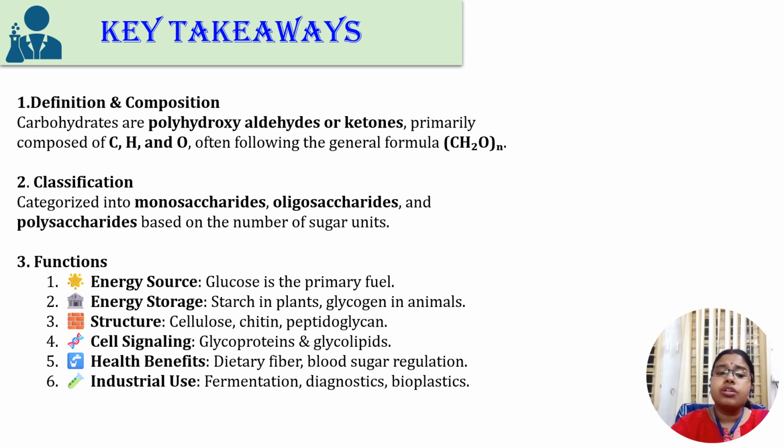It can also help in cell signaling through glycoproteins and glycolipids. It can also give some health benefits like blood sugar regulation, dietary fiber, cholesterol level regulation, etc. It can also be used for industrial purposes like fermentation, bioremediation, diagnostics, etc.